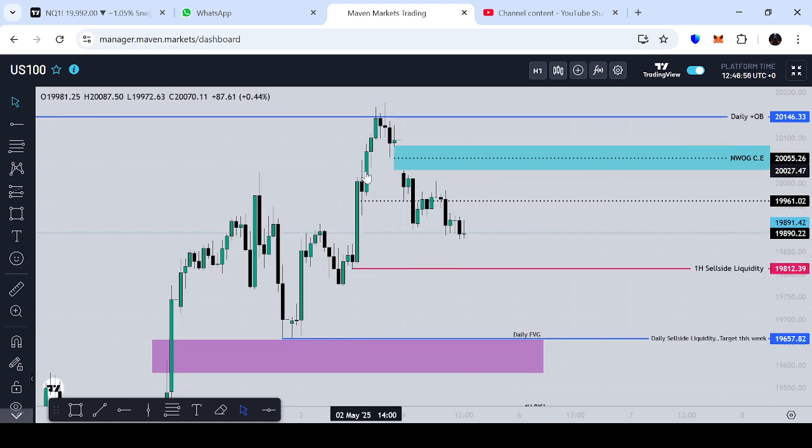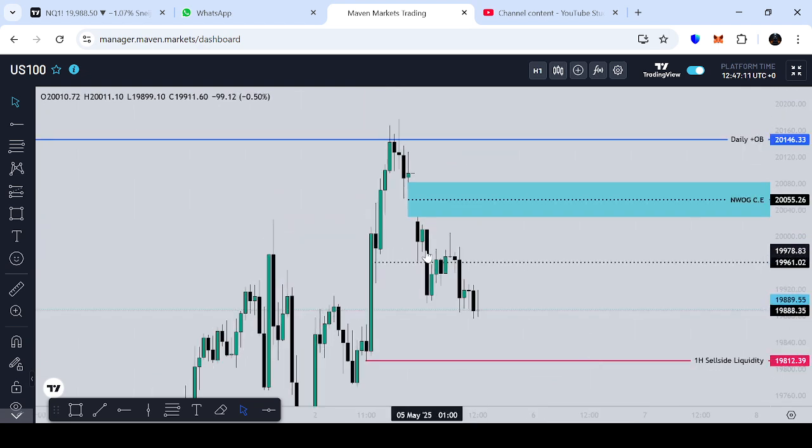Buy side taking, then a market shifting structure, that's changing the state of delivery. Is there any fair value gap after a break of structure? Yes, that's a fair value gap there. This is a fair value gap.